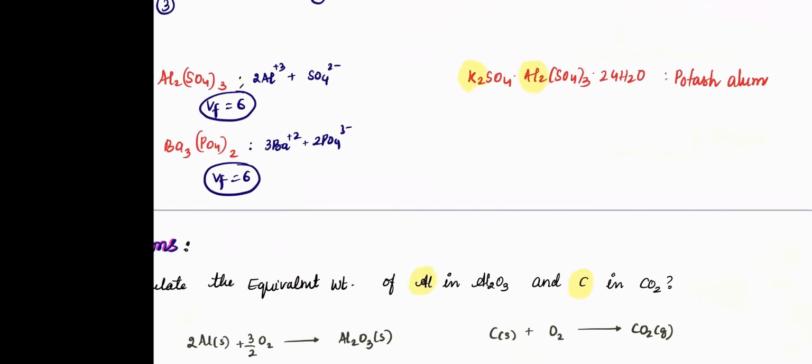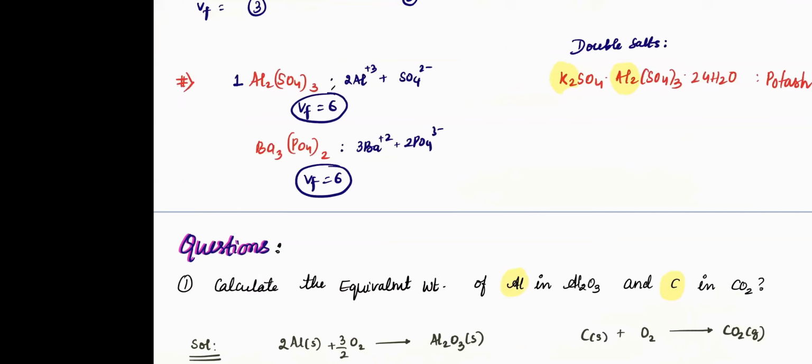Next one. In case you have two salts connected with each other, like K2SO4 is there, Al2(SO4)3 is also there, and some water molecules are present. These kinds of compounds are called double salts. In the case of double salts also, Al2(SO4)3 will be 2Al3+ plus 3SO4 2-. Yes, 3, sorry, I forgot to write that.